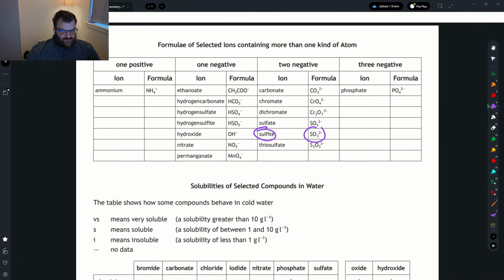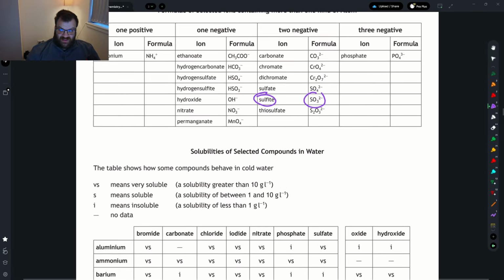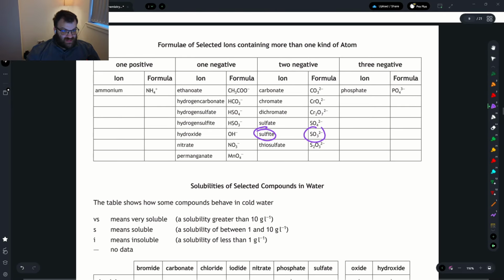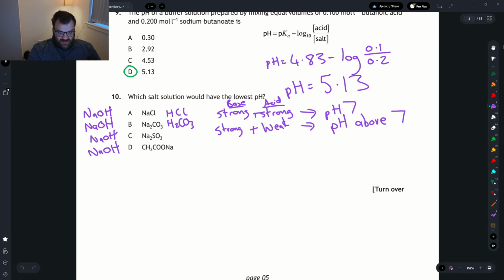Anytime you're unsure if it's sulfate, sulfite, or anything like that, page number 9 can be helpful to figure out which one we're dealing with. That is going to be similar, strong and weak, so pH above 7.